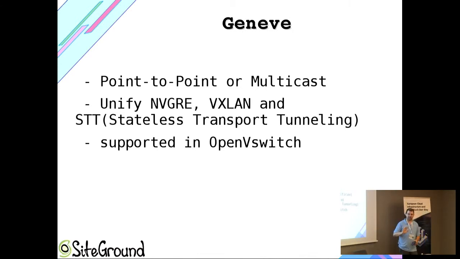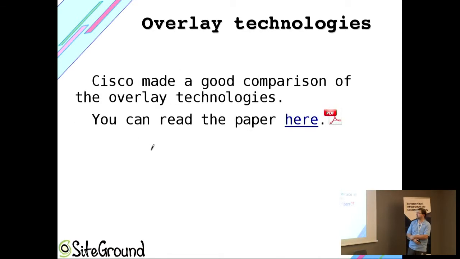I don't know if it works dynamically as the VXLAN support of Open vSwitch works, but there are tutorials on how to set this up. Cisco made a very nice comparison of these overlay technologies. So here's a paper that you should read to see this.